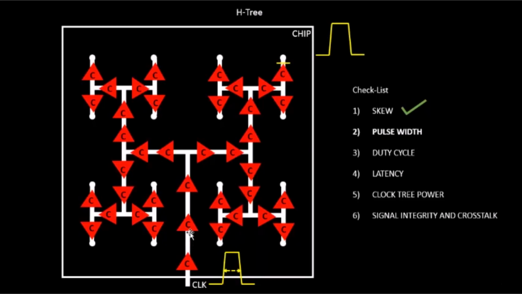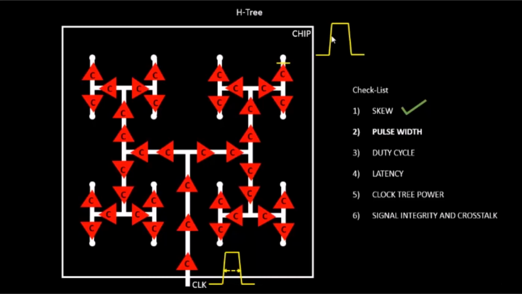When we finally transmit this through the complete clock buffer chain, at the output we see this particular waveform, which is a high to low transition time. Now at the output, the pulse width seen over here is very slightly bigger than what we see over here, but still it is acceptable.